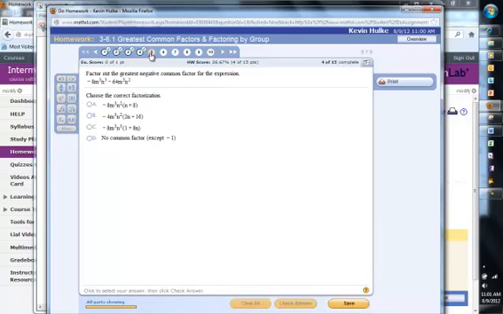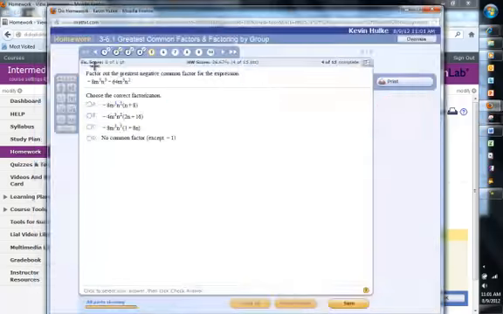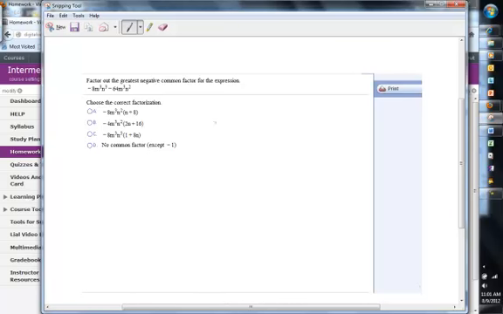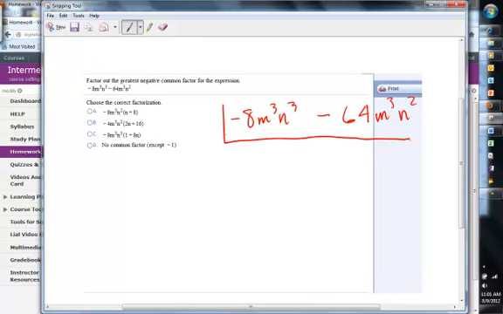Next one, factor out the negative common factor for the expression. In other words, let's make this first term, oh, I see what they want us to do. We're going to factor out the greatest common factor. So here's how we do it. Negative 8m cubed n cubed minus 64m cubed n squared. I'm going to divide upside down, take out a negative 8.